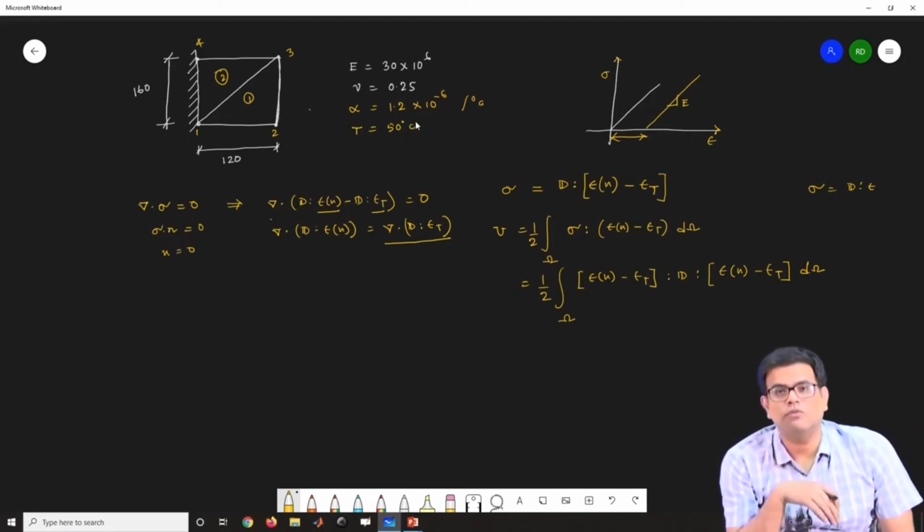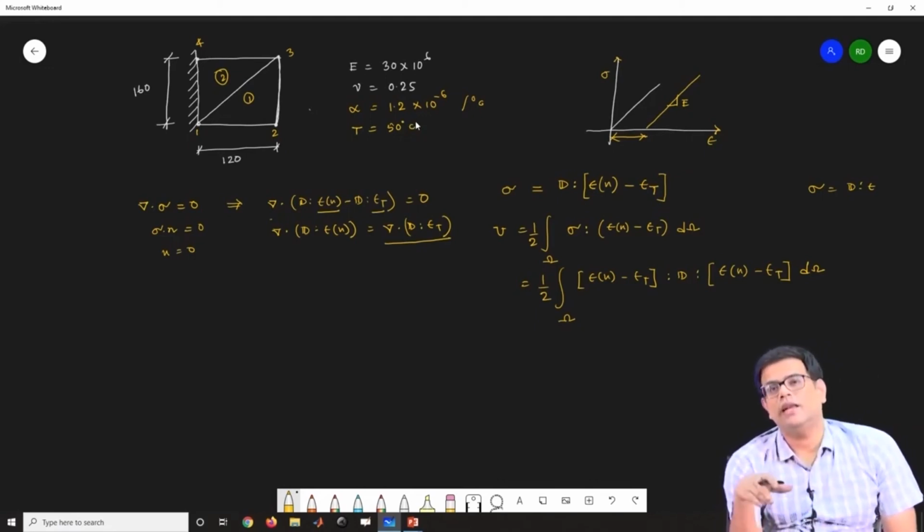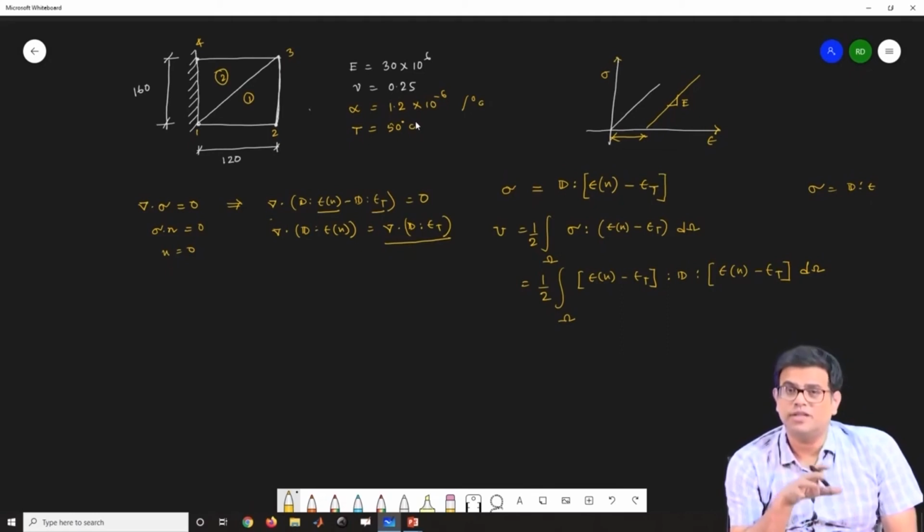Now if I want to solve by the finite element method, then compared to the previous exercise, only the force vector will change, because the stiffness matrix will remain the same.